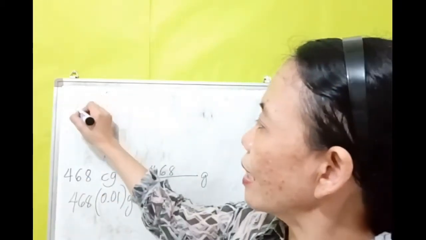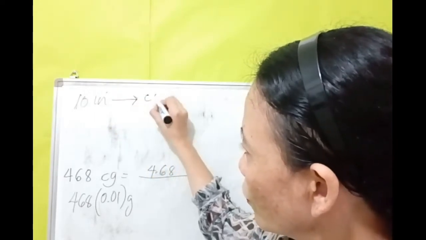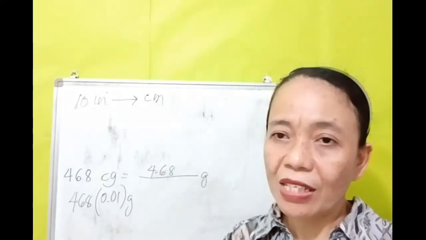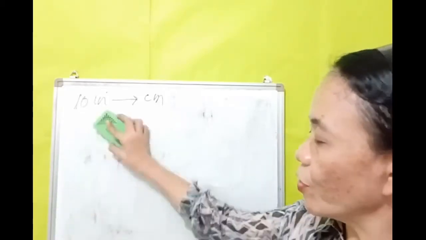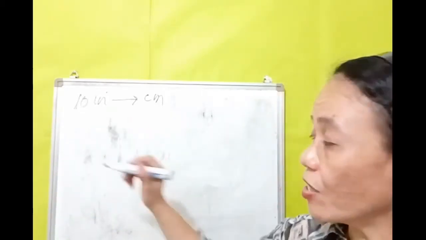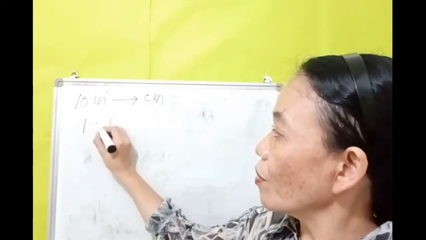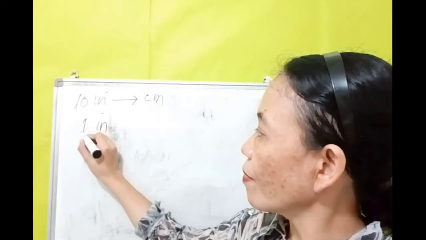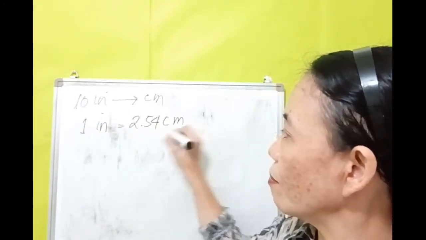Next, convert 10 inches to centimeters. So this time we're going to convert British system to metric. But all we need is the conversion factor. So in 1 inch, there are 2.54 centimeters.